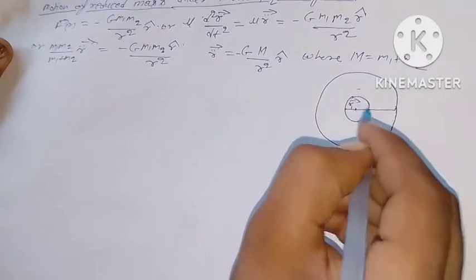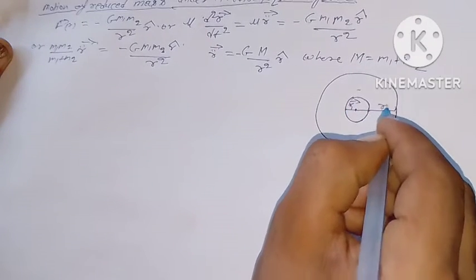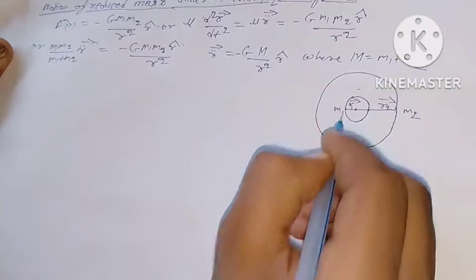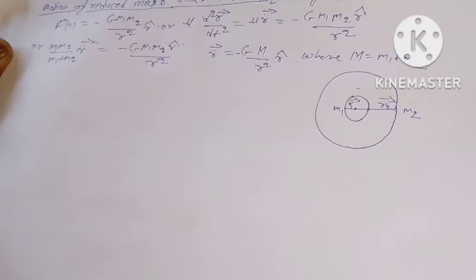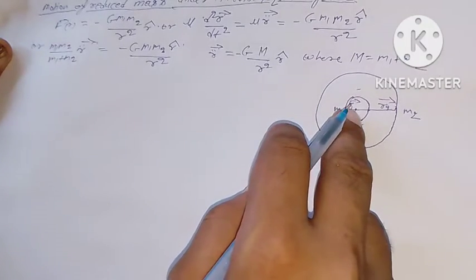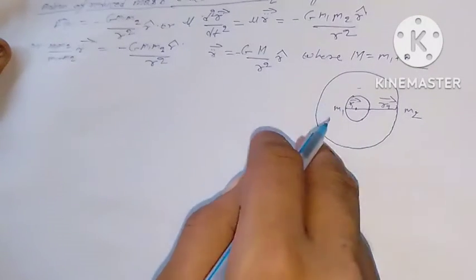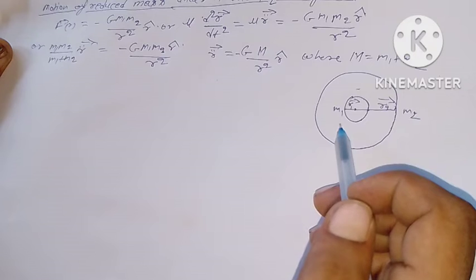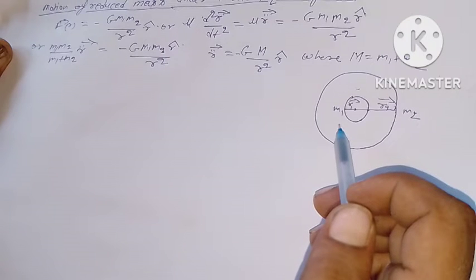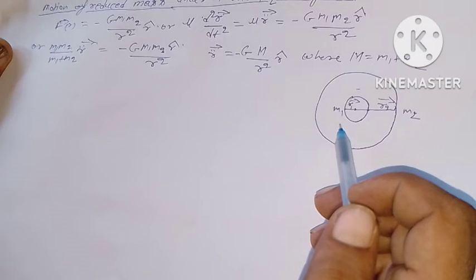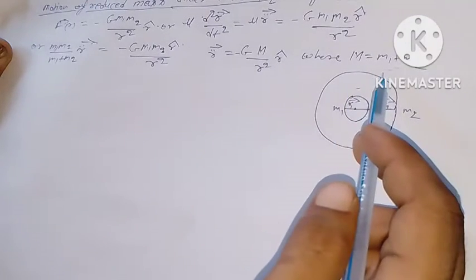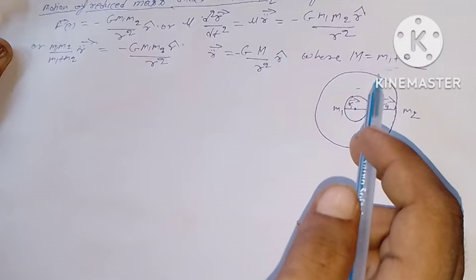This is r1 vector and this is r2 vector, m2 m1. Okay, this is clearly the equation of motion of a particle of unit mass at a vector distance r, equal to the distance between the two particles, from a fixed mass capital M equal to m1 plus m2, exerting a force of attraction.